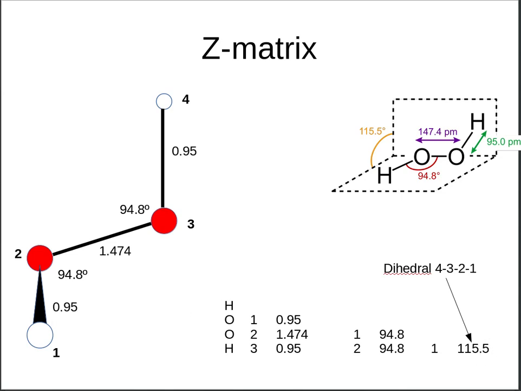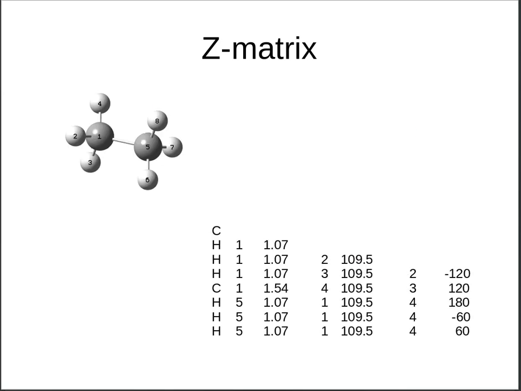So if you have a look at more complicated Z matrices, like for ethane, you'll see that the first row is an atom, then the second row is a hydrogen bonded to atom number 1 at a distance, then a hydrogen bonded to atom 1 at a distance with an angle 109.5, and then you will start to see that by row 4 you're starting to get these dihedral angles coming in. Have a look.